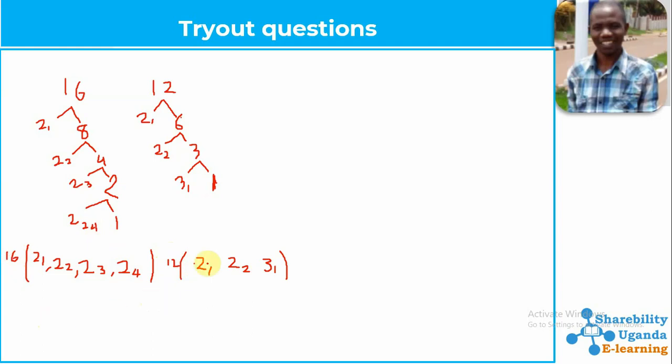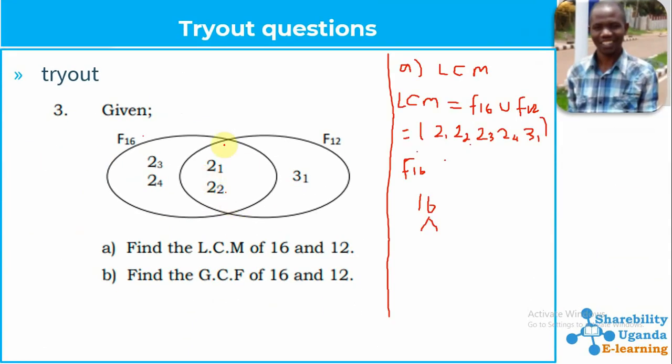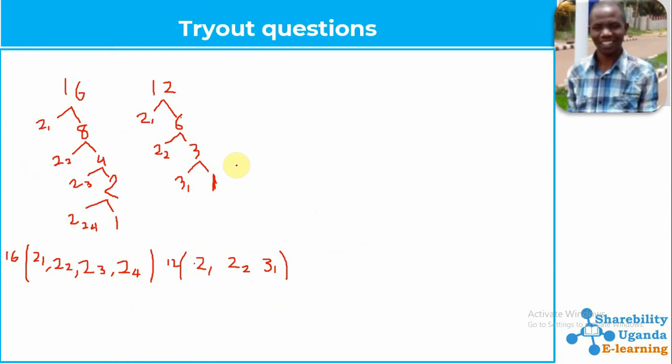So now this shows us how they were able to come up with this set. Now what to do is to represent it on the Venn diagram as it is there, okay. So now this was just a quick overview of how they were able to get these prime factors that are inside our set notation.